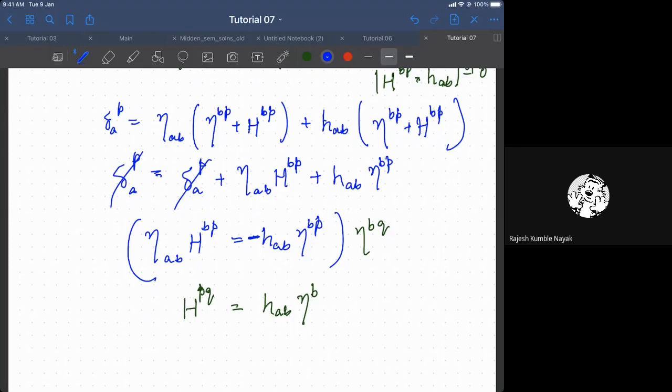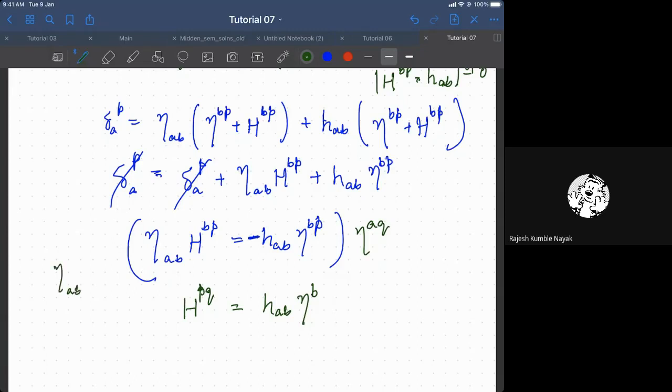What is that? No, I have to multiply by AQ, not BQ. So this has to be eta^AQ. Then the first term, A, becomes a delta. Here what happens?